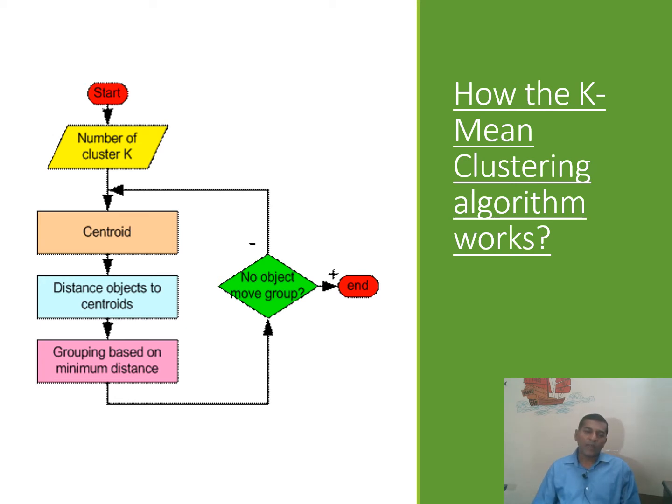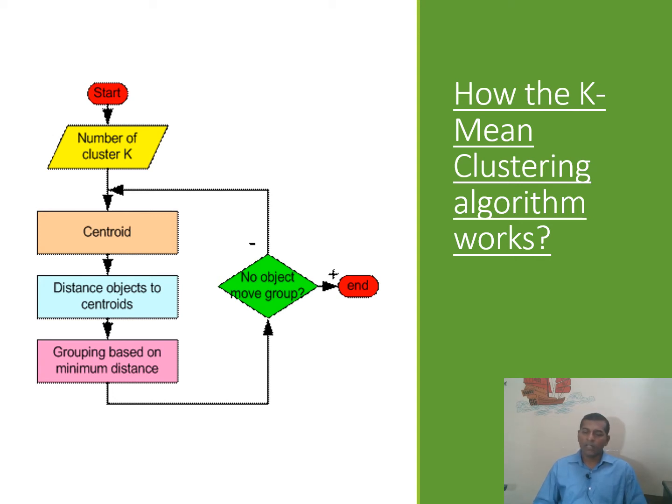According to those centroids, we find the distance between the objects and the centroid. A new object which is closer to a centroid will be added to that cluster. If it is closer to a different cluster, then that object will be added to the respective cluster. As we keep adding objects, we are supposed to find the minimum distance between the objects.